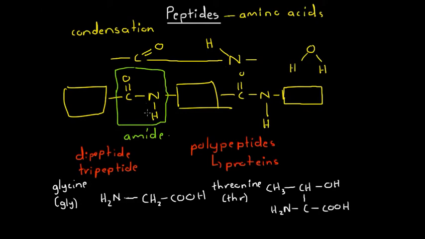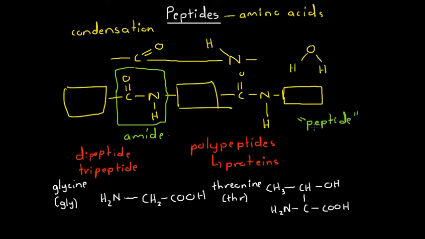We can form amide functional groups in lots of other more inorganic or more industrial processes. However, when we form an amide linkage in a protein, rather than an amide linkage or an amide functional group, we can refer to it as a peptide functional group or a peptide linkage.